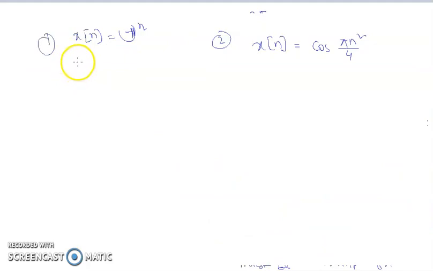For this first signal, we can write it like e to the power minus j into 0, so this is 1 whole to the power n. Here a minus will be there.